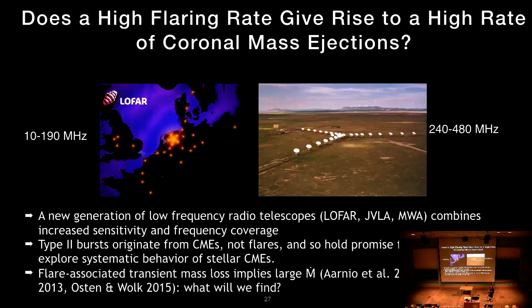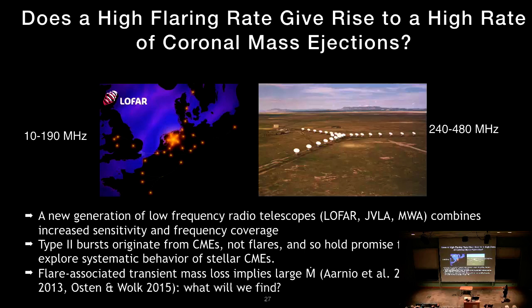So then this gave rise to a question that my former graduate student spent the last couple of years trying to answer, and that is, does a high flaring rate give rise to a high rate of coronal mass ejections? So this is a very opportune time to ask this question for a couple of reasons.